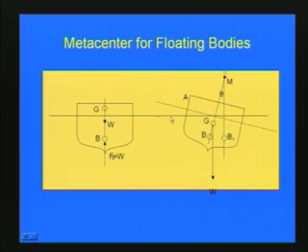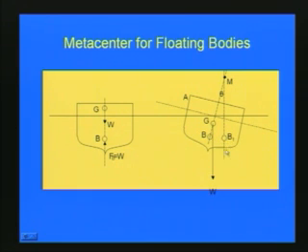Then you can see that this line is shifted in this direction, so the new position of the body is an inclined position like this. Due to this effect, the weight of the liquid displaced slightly changes, the position changes, and the center of buoyancy shifts from B to B1.